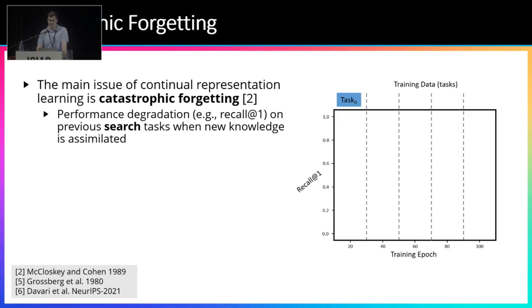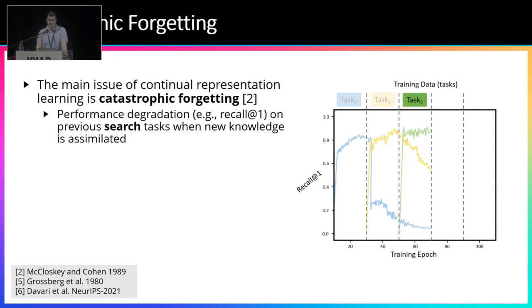As you can see from the figure, when the model is trained on the first task, the performances correctly increase. But when the model is updated on a new task, the performance on this task increases in the yellow curve, while the performance of the initial task decreases, showing catastrophic forgetting.